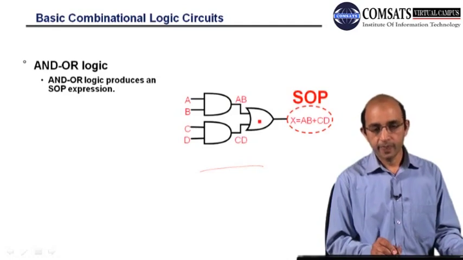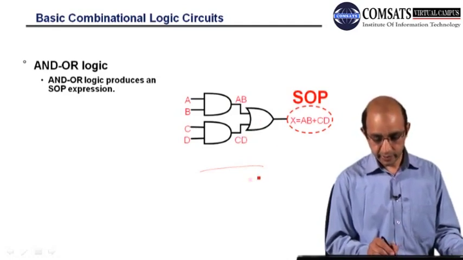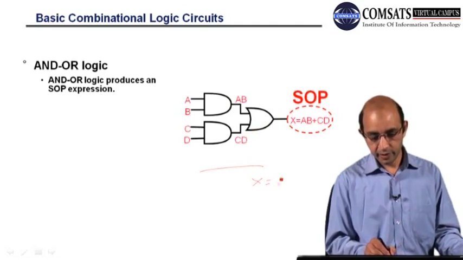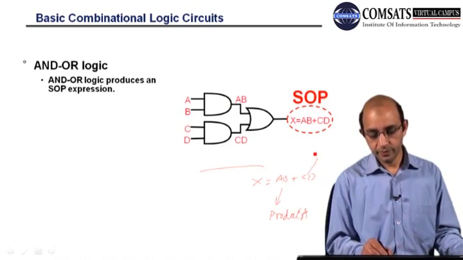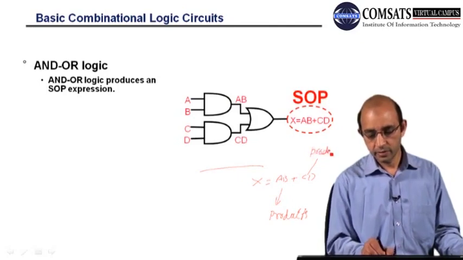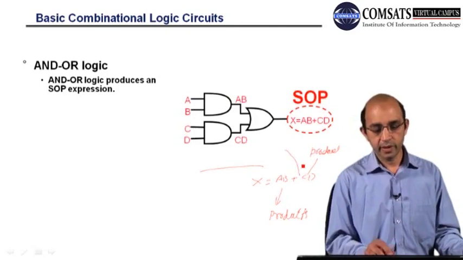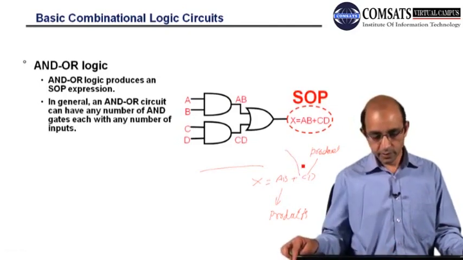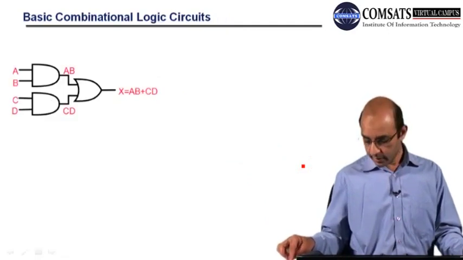So we have this logical expression or Boolean expression, and these are the products, and here we have the product again, and they are being summed up by this OR gate, right?